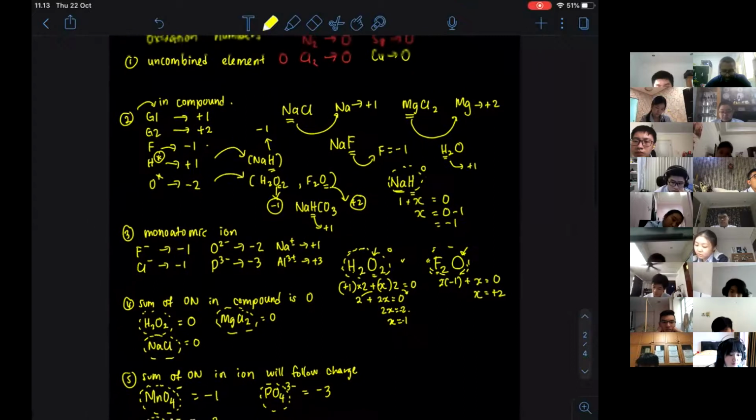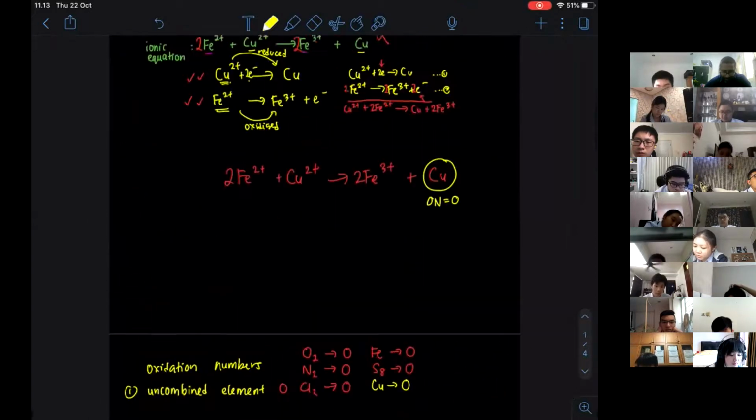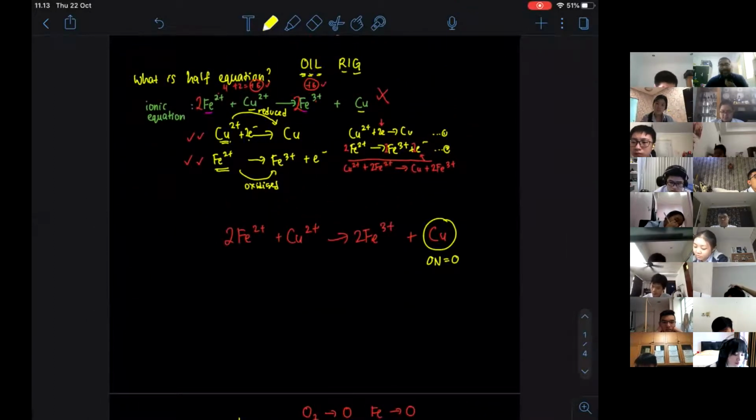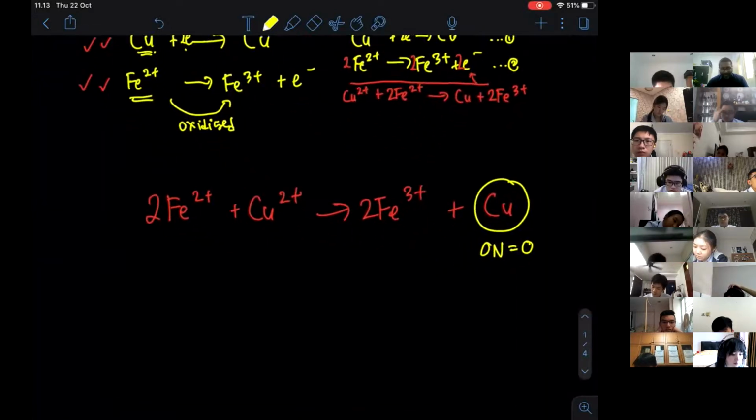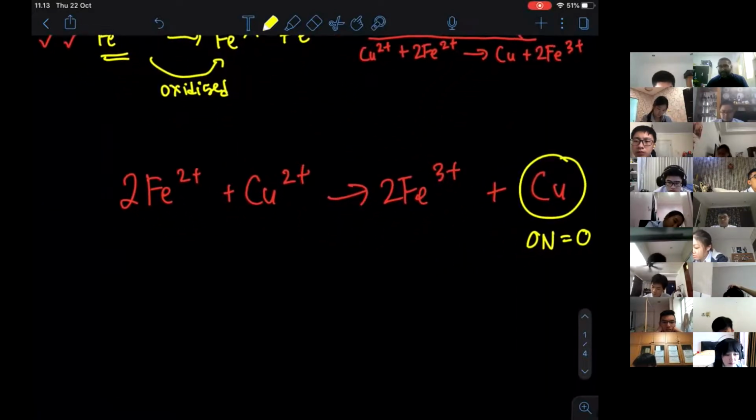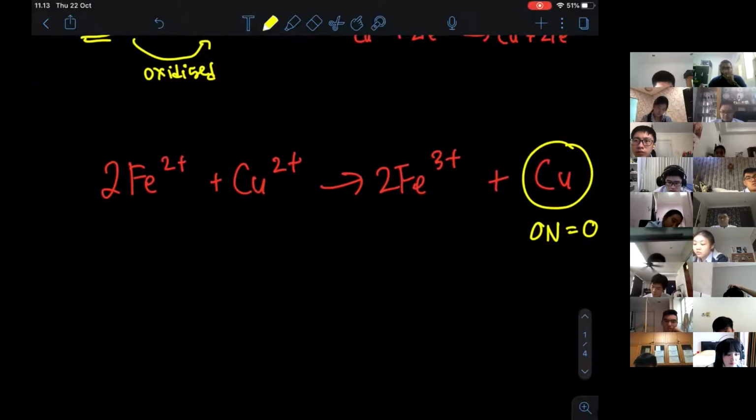Now if we look back here, I want to ask someone, maybe Nathan, what is the oxidation number for this? Is it +4? No, you need to ignore those numbers. The oxidation number follows the charge, +2.